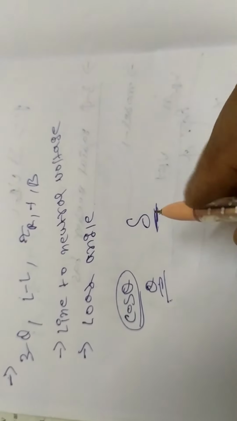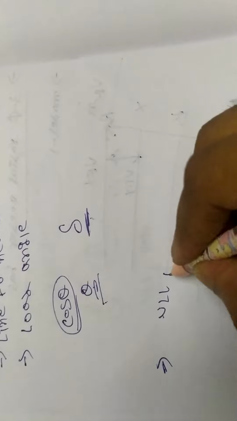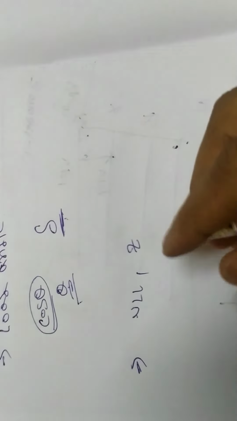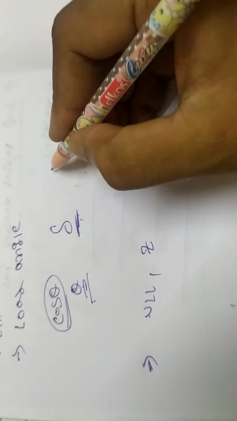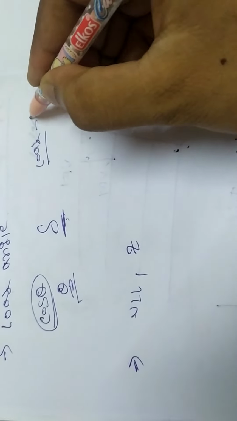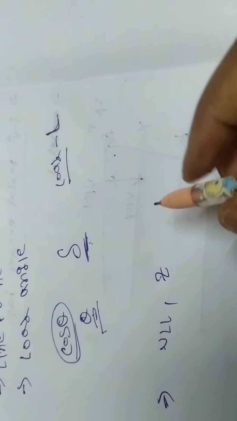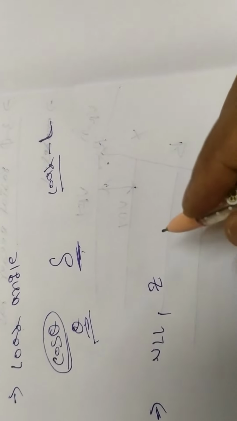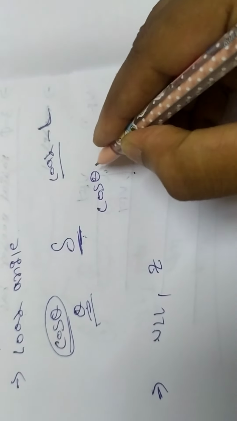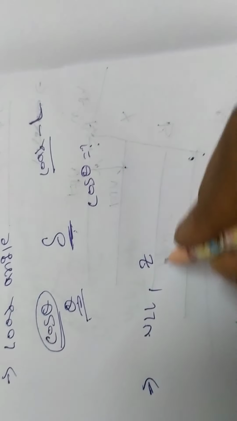For that, they give line to line voltage, impedances, the load value, and also cos phi. So now, what is the given data?